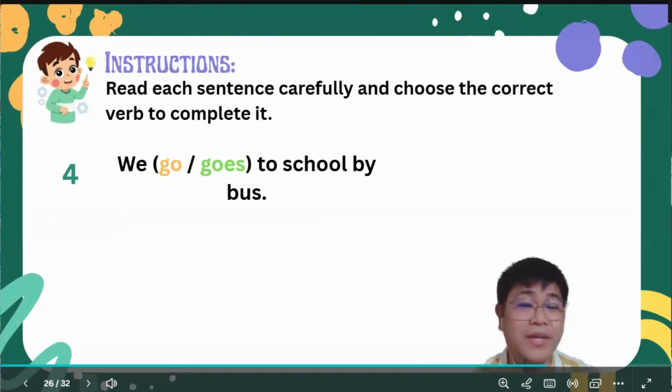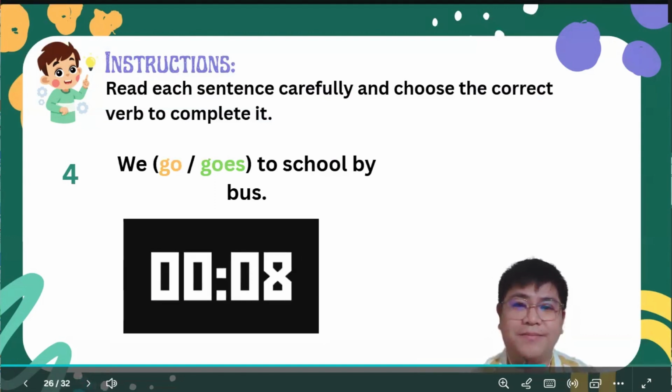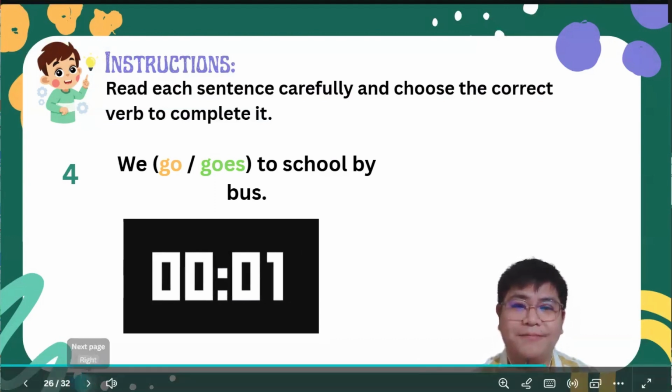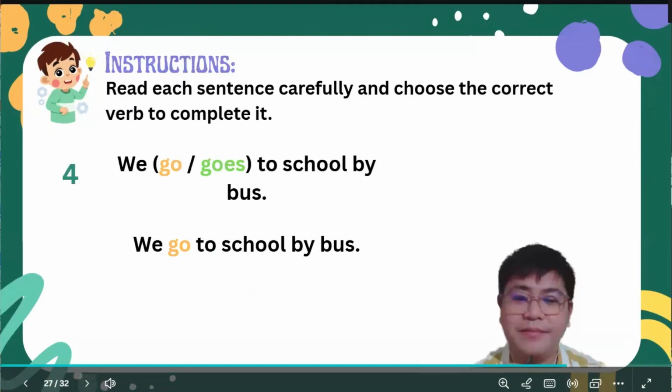Number 4, we goes to school by bus. Remember, we is plural. The correct answer is go. We go to school by bus.